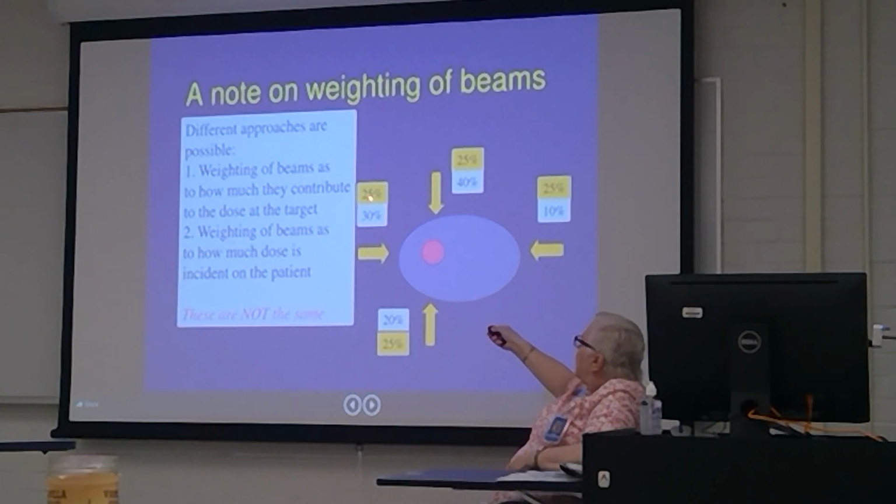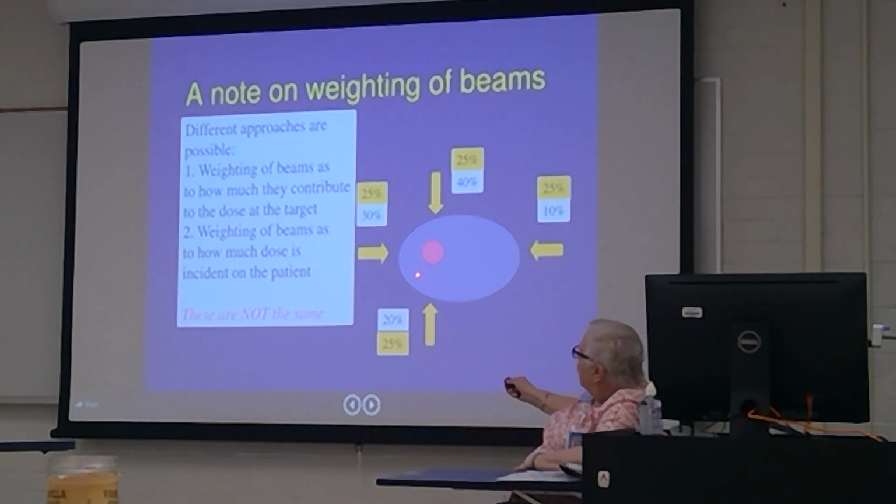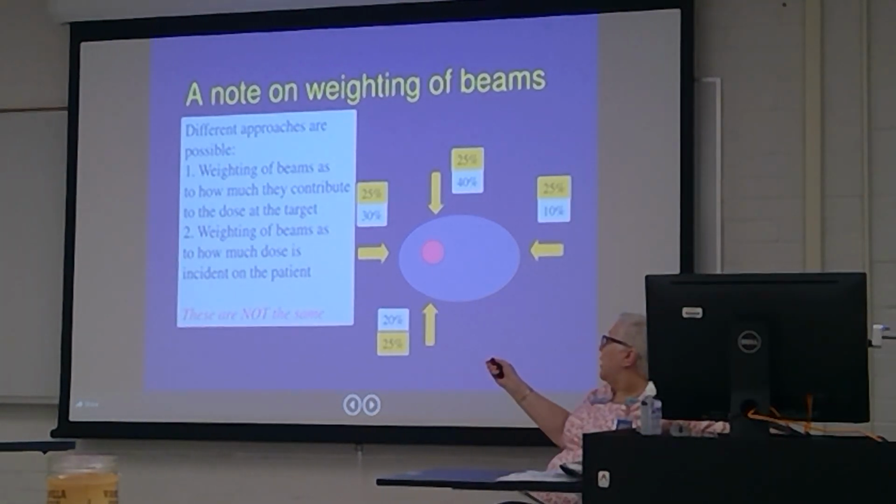So the incident dose in this case would be 25, 25, 25, 25. So the weighting of the beam is the dose to the target or the isocenter. That's what dosimetry has to do. Decide how much dose comes from each beam.